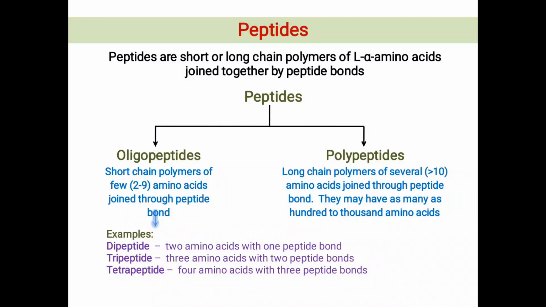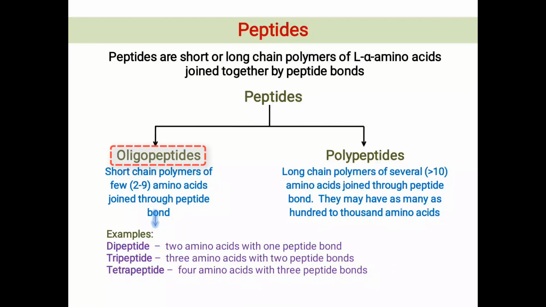After the formation of peptides, they are classified into different categories depending upon the number of amino acid residues in the peptide or polypeptide. Technically, peptides are categorized into two main categories, oligopeptides and polypeptides. Oligopeptides are short chain polymers of a few amino acids, meaning 2 to 9, 10 or 11 amino acids joined through peptide bonds.